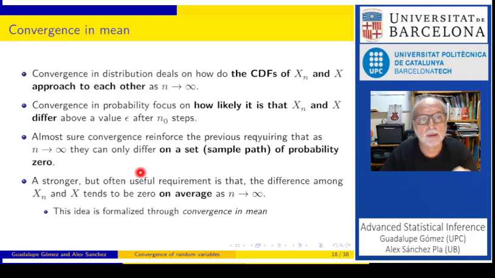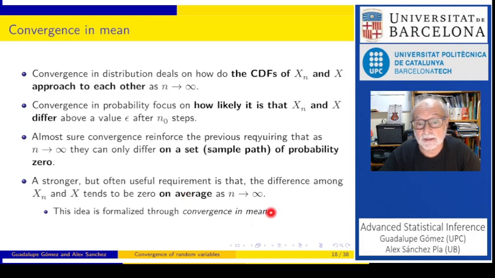So if we introduce an idea of norm here that allows us to measure the distance between the value of the sequence at a certain n and the limiting variable, we may not only think of the convergence, but also keep track of how big the distance is, not only that it is likely to be smaller as n increases.